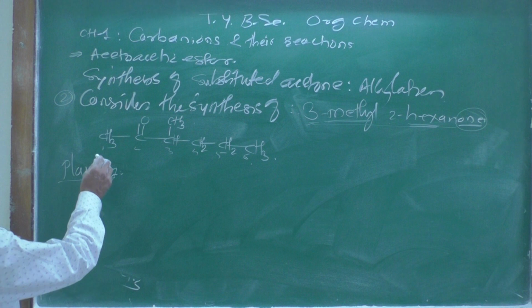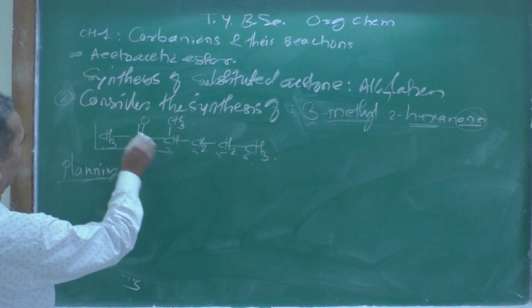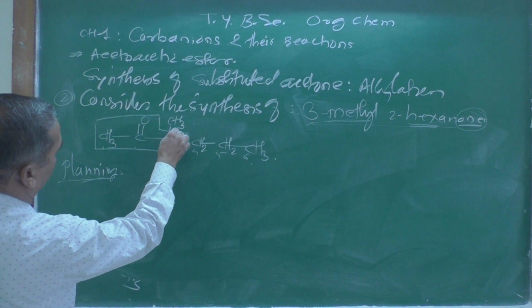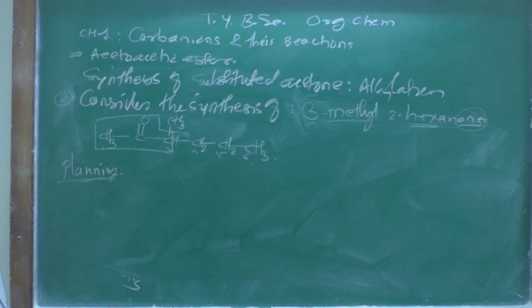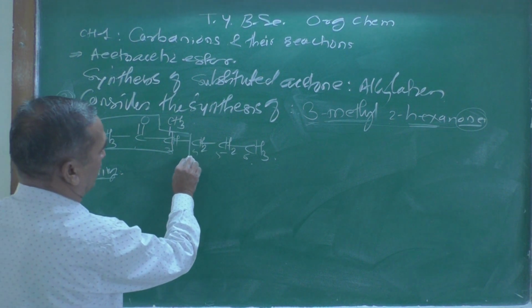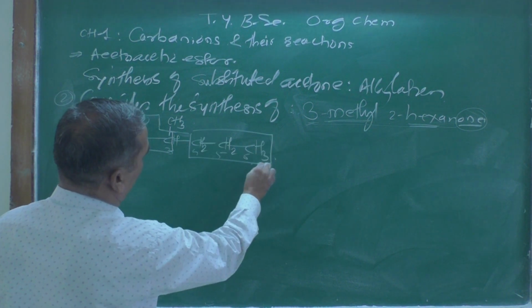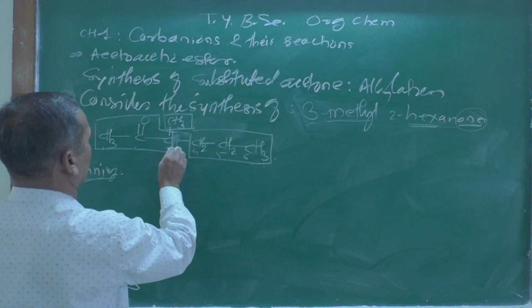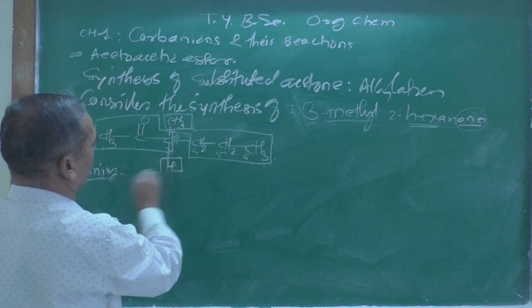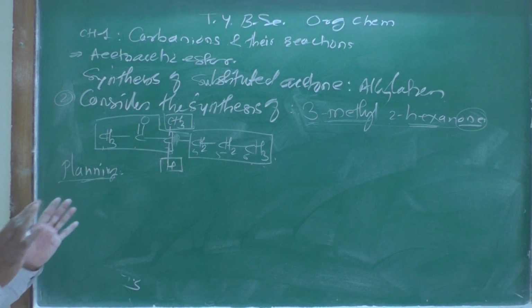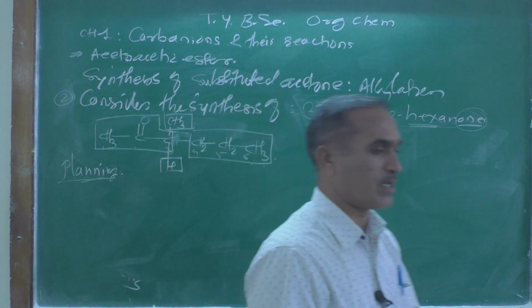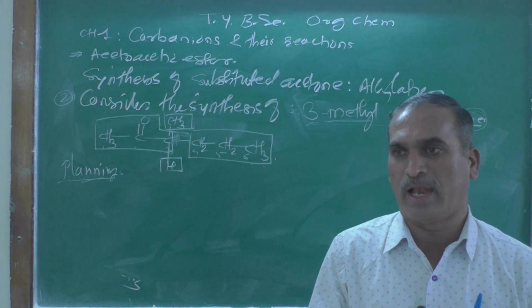So let us look here. I am marking here, I am planning. Remember, I am marking. So you just tell me from here which things are coming from where. I have marked one of the hydrogen atoms like this. There are 4 parts here.